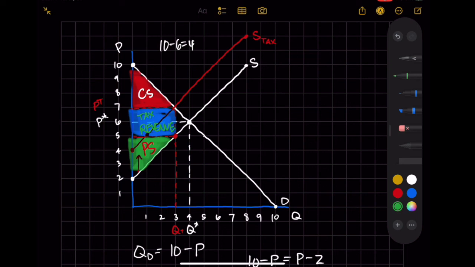So if we wanted to calculate the area of this square here, this side right here is 2, this side right here is 3, so 2 times 3 equals 6. Well, if you did a $2 tax on 3 units, that's the new equilibrium quantity, then you'd end up with $6 in revenue, right? So this middle box here represents the tax revenue.